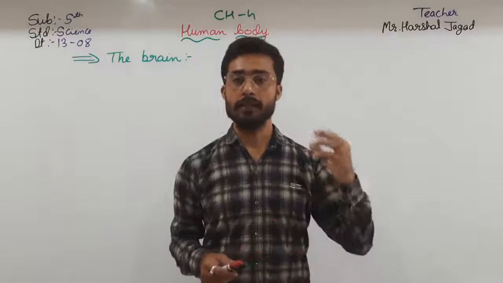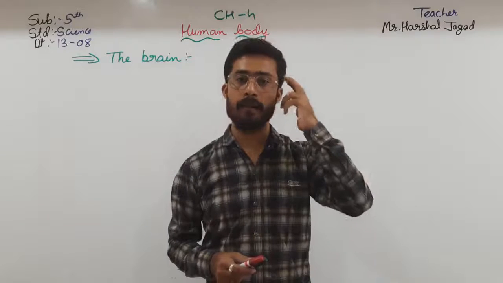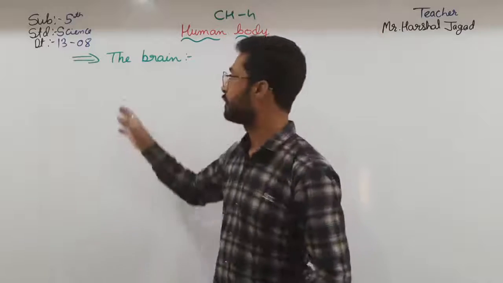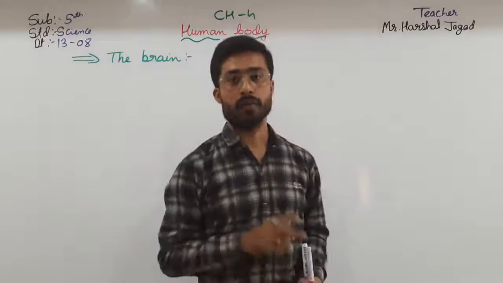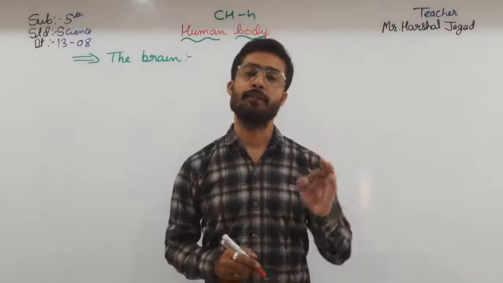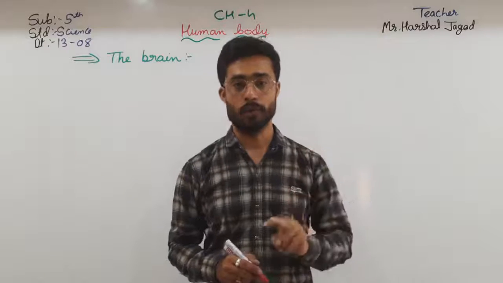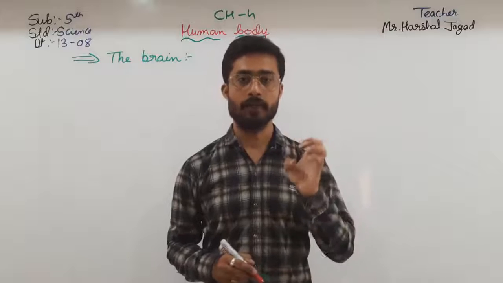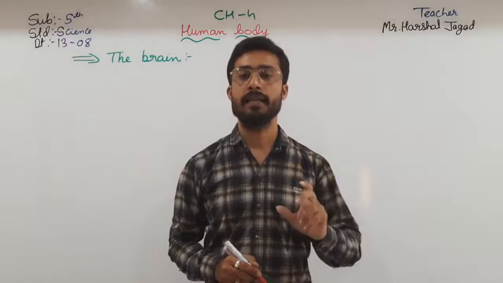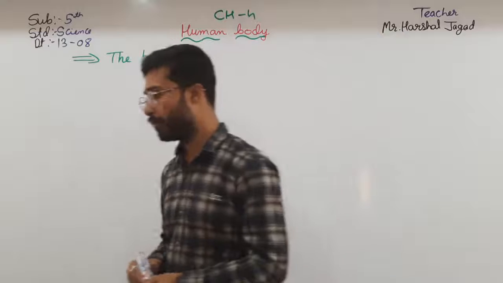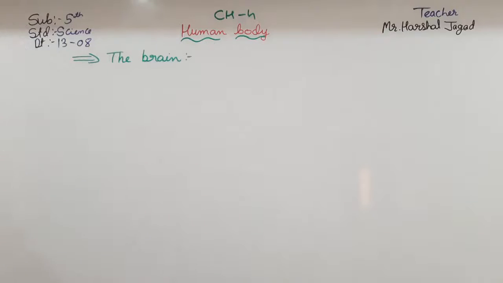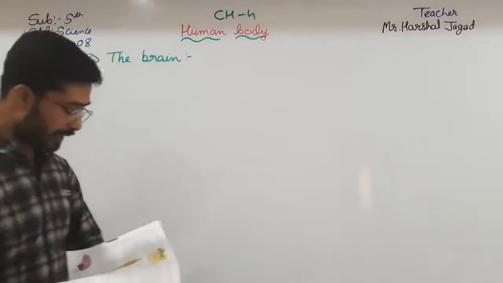In that way all the things are controlled by our brain. We all know that the brain is protected by the skull or the cranium, we can say both. The brain is very soft and it is protected by the cranium.